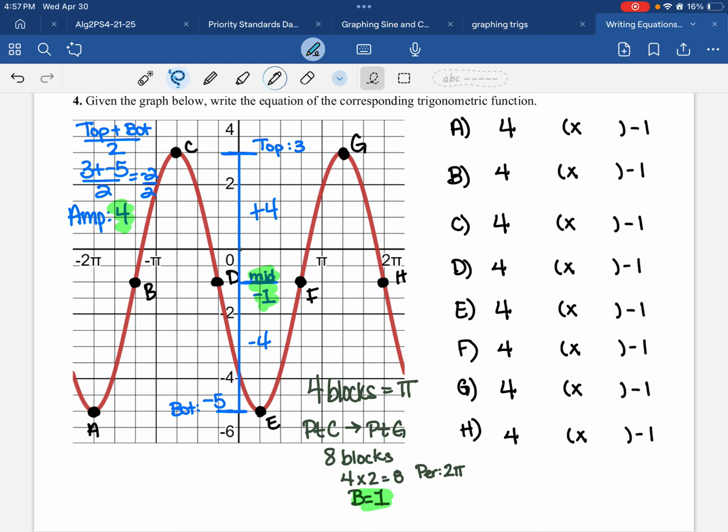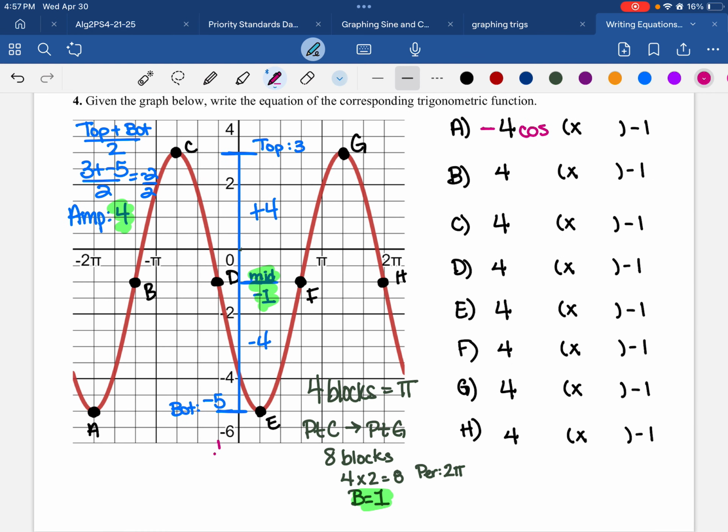If I'm looking at A, point A is right here. And I see it's at the bottom, which means it's a minus because it's cosine at the bottom. So that means A would be minus. So I'd have a minus 4 here, and I would have a cosine. What I have to do is figure out how far it traveled. So if every 4 blocks is pi, that means each block is pi over 4.